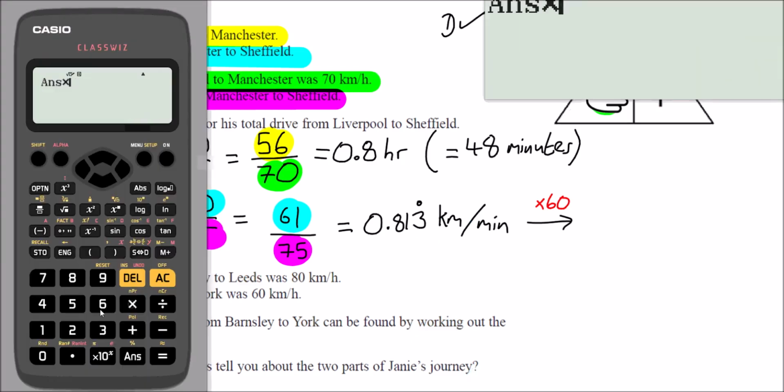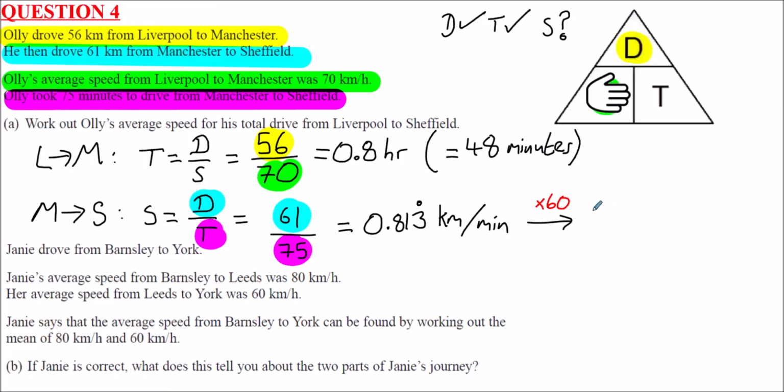So this value multiplied by 60 gives a speed of 48.8 kilometres per hour. So now what we can do is work out the average speed for the total journey.